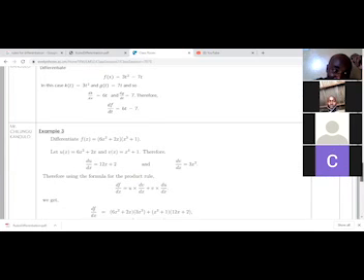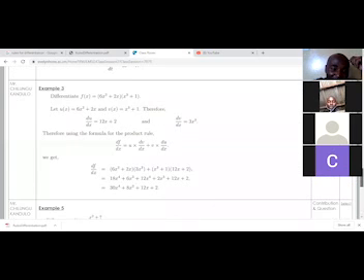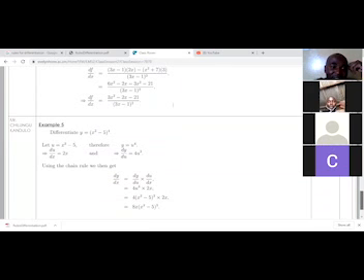Chain rule is where you're differentiating something like y equals (x squared minus 5) to the power 4. Instead of expanding, you could multiply four times, which is possible, but it's time consuming. So the chain rule is such that what is in the brackets, you let it be u. So u equals x squared minus 5.